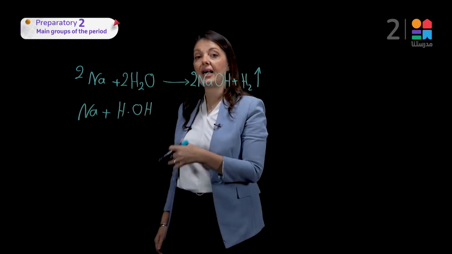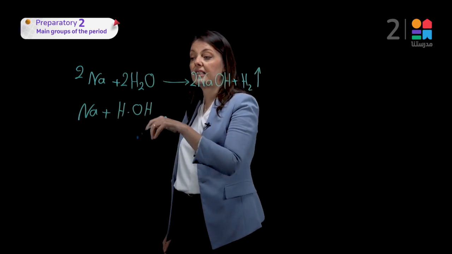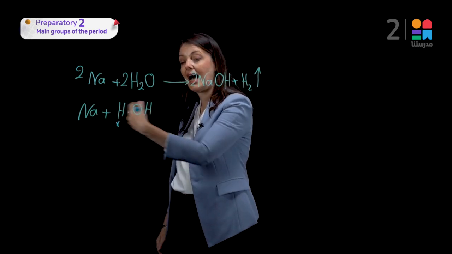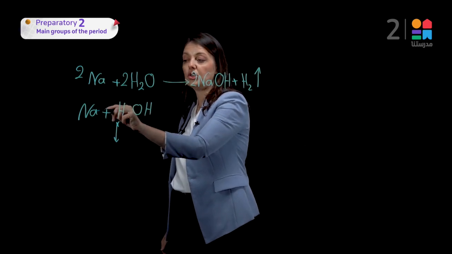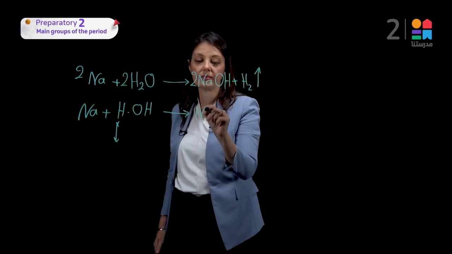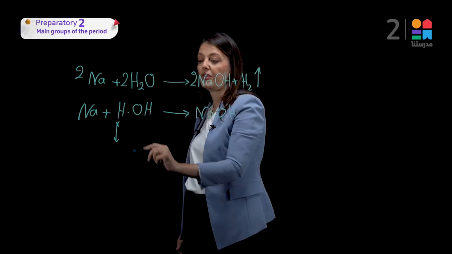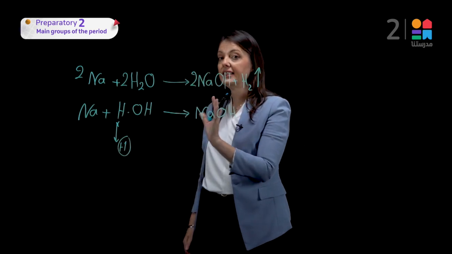In fact, sodium, as it's a very active metal, can replace this hydrogen. It can kick it out. And then sodium combines with the OH, NaOH. What about the hydrogen? This produced hydrogen can't exist freely.